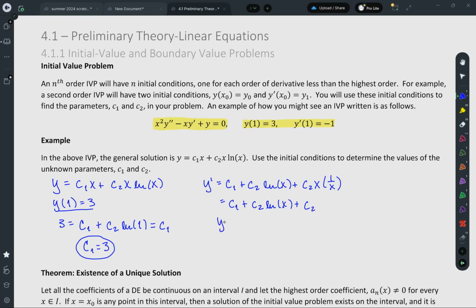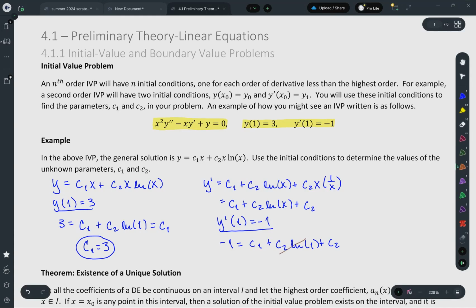The initial condition given is that y prime of 1 is equal to negative 1. So I'm going to let y prime be negative 1. That's equal to c1 plus c2 times ln of 1 plus c2. Again, the ln of 1 term goes to 0. And so what I'm left with is that c1 plus c2 is equal to negative 1.